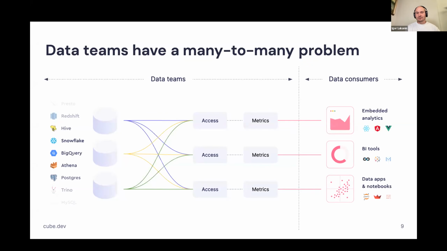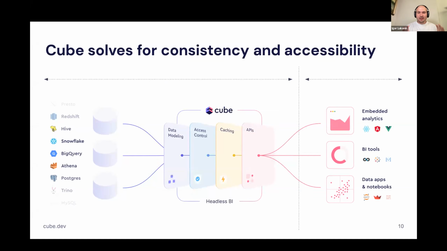There are a lot of data sources, or maybe just a single data warehouse or data lake, and then many tools alongside, a BI tool for internal consumption that need to work with the data in those data sources, and then there are siloed metrics definitions in between. Cube solves this because it serves as a single source of truth for the metrics definitions, and provides consistent data by reading it from the data sources and exposing it to data consumers via the APIs.